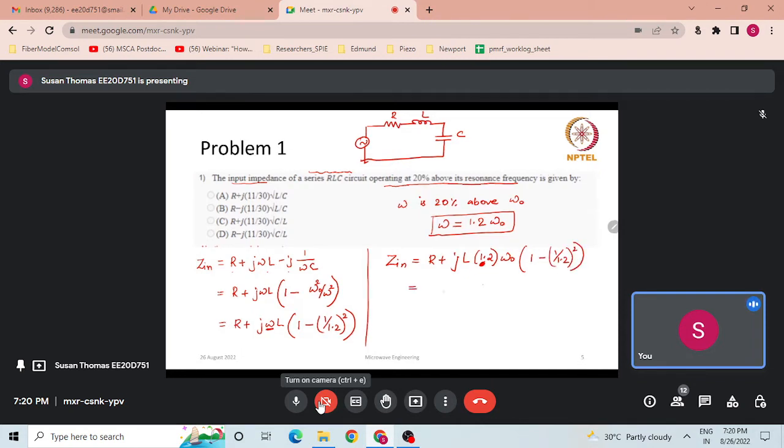Now 1.2 into omega naught can be written as 1 by root LC, so L and root L will cancel.